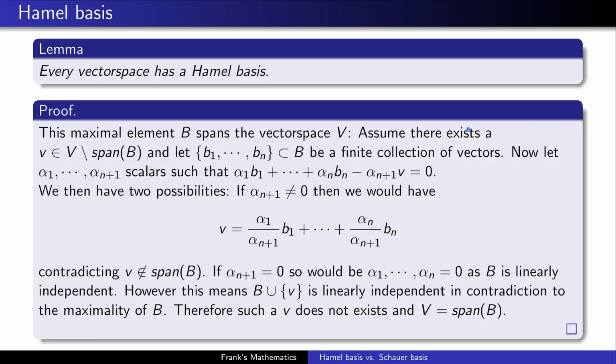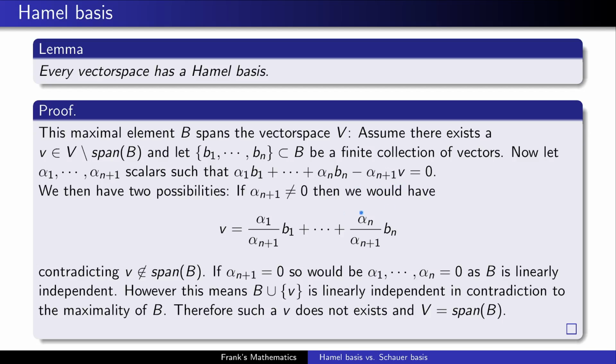To do so, we assume that there exists a vector v which does not lie in the span of B. And we are given a finite but arbitrary collection of vectors B1 up to Bn lying in the set B. Now, we choose scalars alpha 1 up to alpha n plus 1, such that alpha 1 times B1 plus alpha 2 B2 and so on up to alpha n Bn minus alpha n plus 1 times v equals 0.